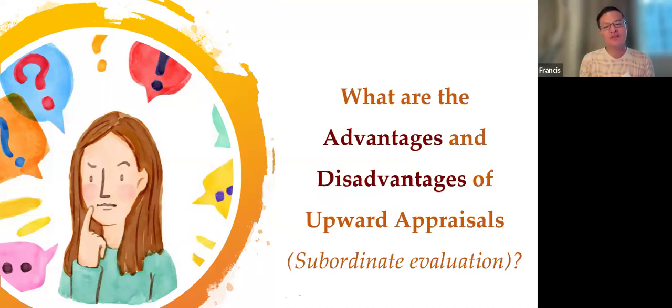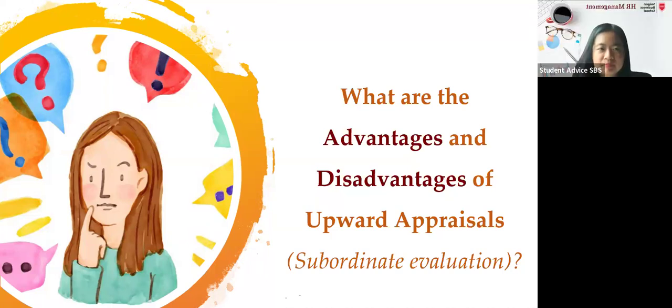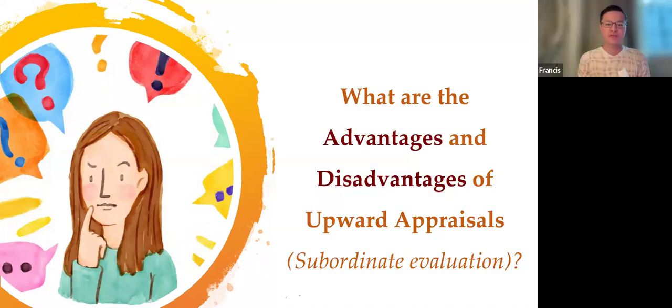So upward appraisal, this is a bottom-up mechanism. I think there are three parts for advantage as well as disadvantage, because there's the employee, the employer, and the organization. The advantage for the organization is that they promote 360-degree feedback.